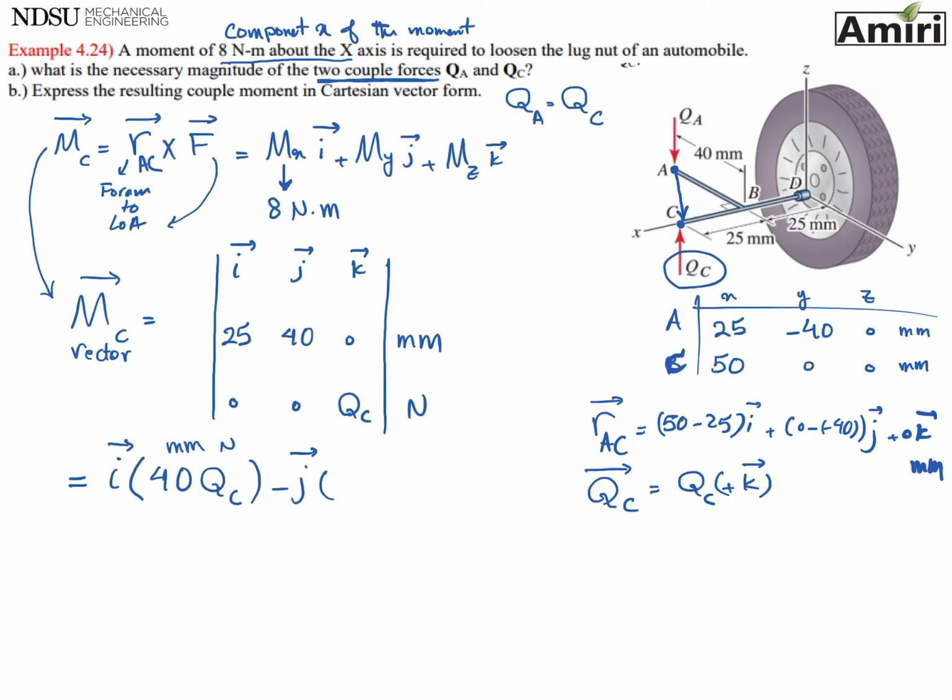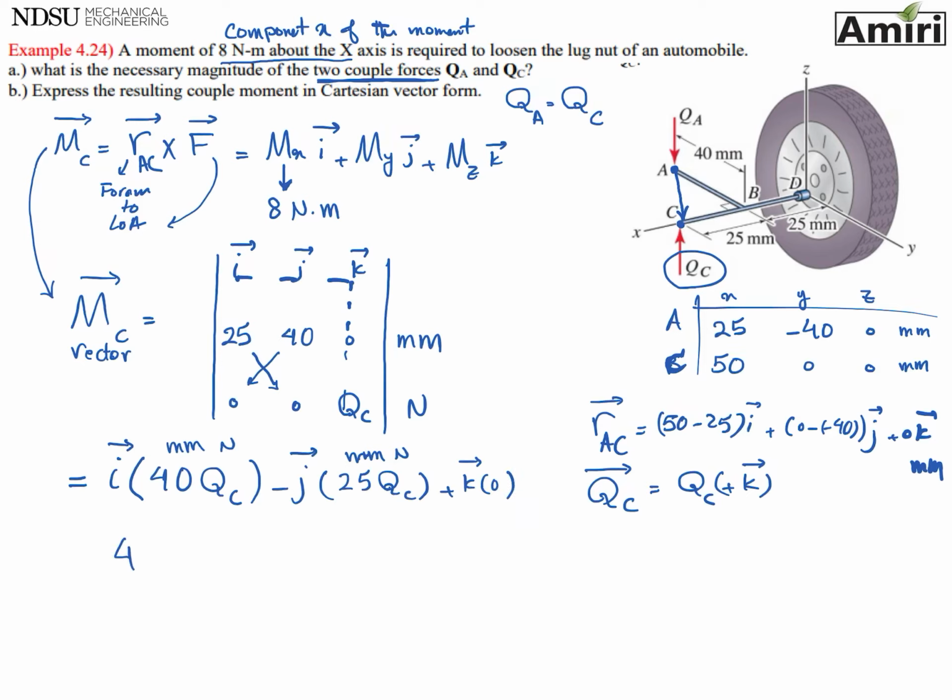Get rid of the row and column, and all I have left is 25 QC mm N, and plus k, which is going to be 0, because if I get rid of this row and this column, 25 multiplied by 0 minus 40 multiplied by 0 is 0.